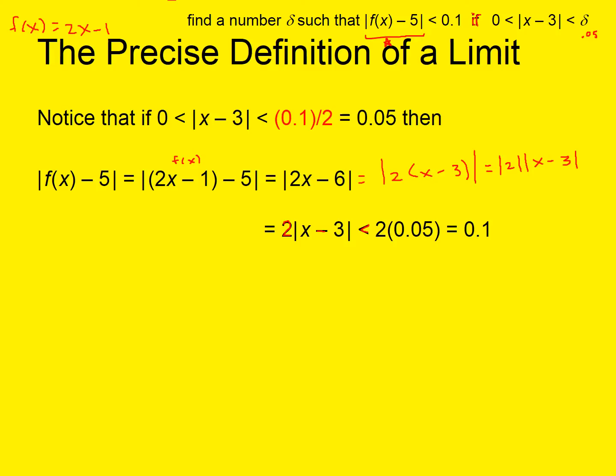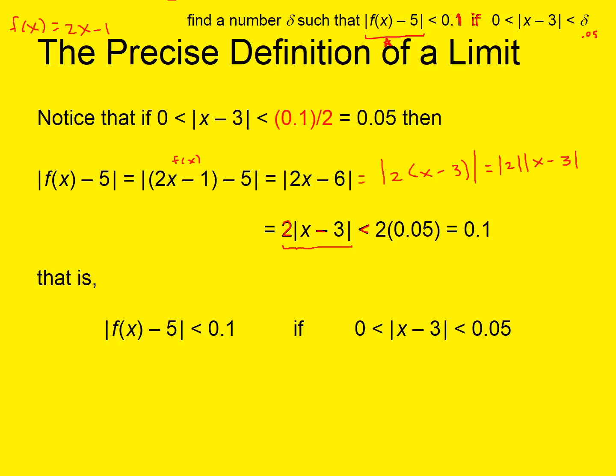And so it's actually 2 times the absolute value of x minus 3. And that's less than, because x minus 3, the inside, is less than 0.05 by our hypothesis. So we're saying if that's true, look at what happens. So we're supposing it's true.